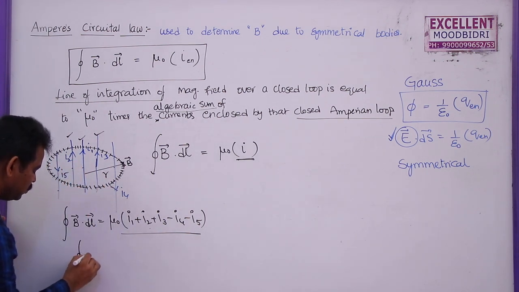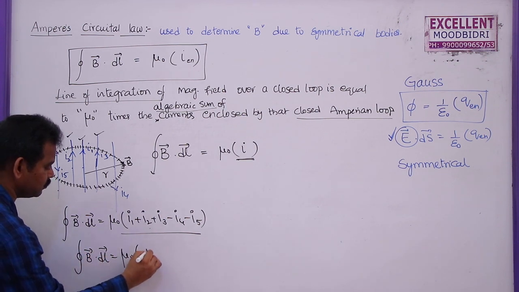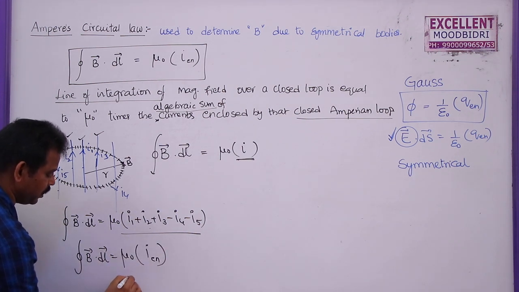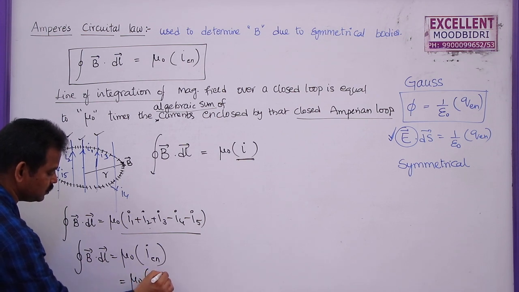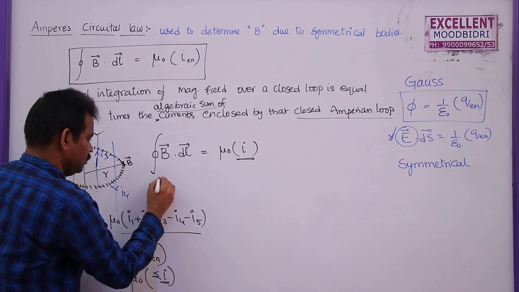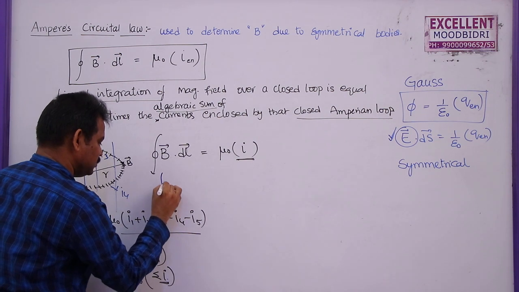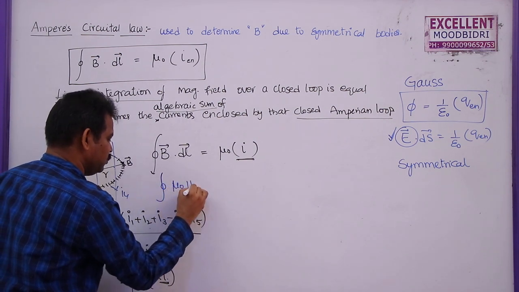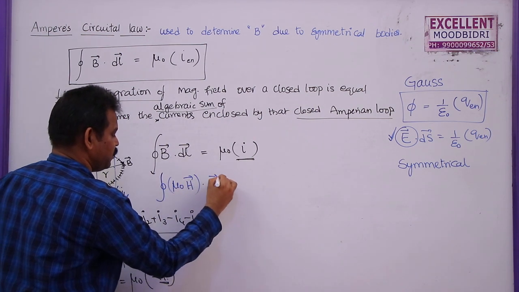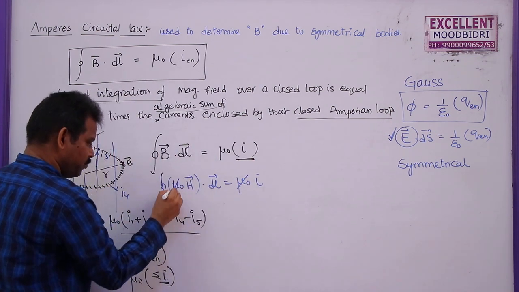So we can write the line integral of B bar dot dl bar is equal to mu naught times the current enclosed here, which is the algebraic sum, or you can write mu naught times sigma I. The line integral of B bar dot dl can also be written as mu naught into H bar, which is the magnetizing field, dot dl bar, is equal to mu naught times I. You can cancel this mu naught and mu naught here.